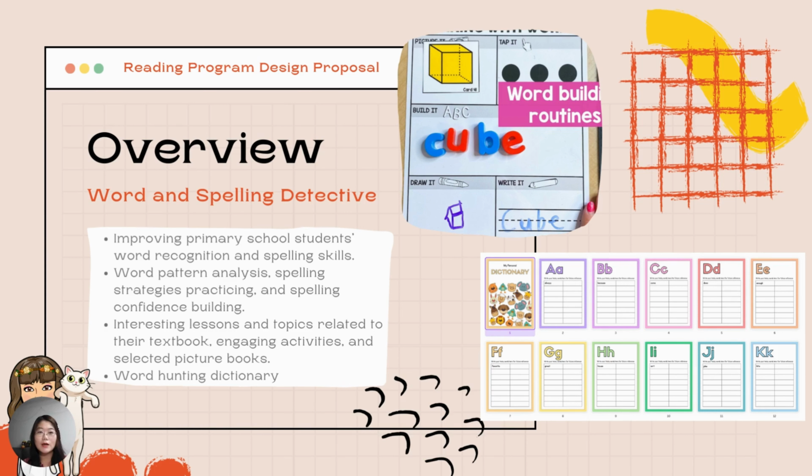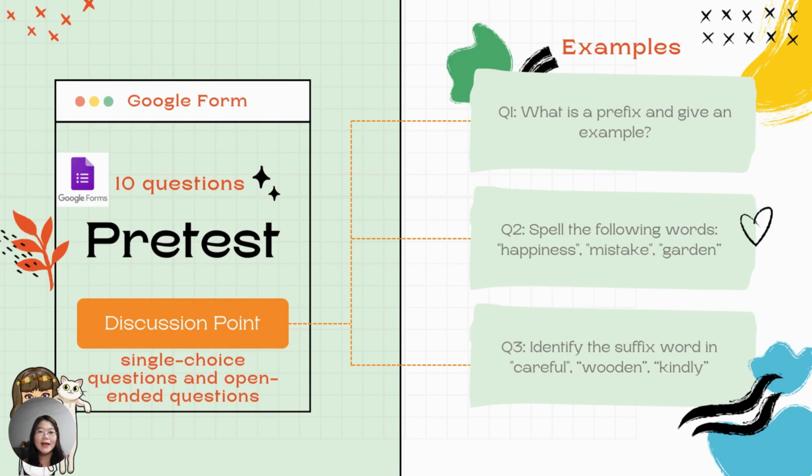For example, if they learn a new word like cube, then they have to do a word building routine, like finding a picture of a cube and taping it, drawing the cube, and also writing cube down in their notes or in their dictionary. So later on they need to make their own personal dictionary, because this dictionary can help them a lot. And then after the overview is my pretest.